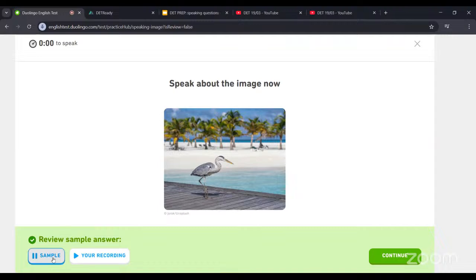With a bird, I think maybe a heron, standing on what seems to be a wooden pier. The bird has a mix of gray and white feathers and is standing on one of its legs. It's gazing into the distance. In the background of the photo, you can see many palm trees, kind of like lining the beach. You can also see the water is clear.